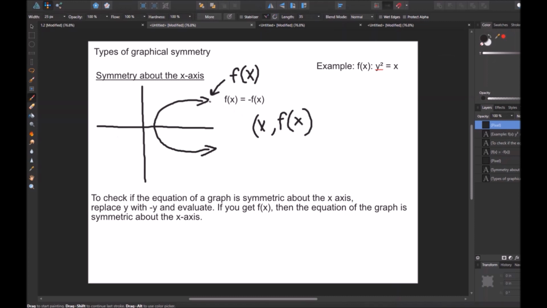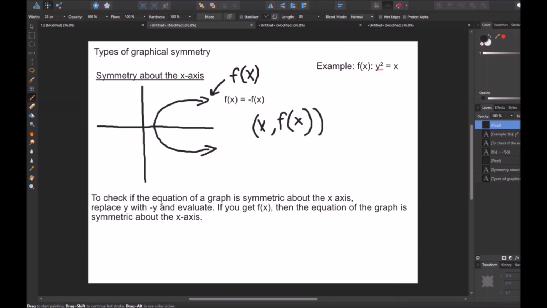So in this case, if a graph is symmetric about the x-axis, that means that for every f of x point, or for every y, there is a corresponding negative f of x, or that negative y value, the opposite of that y value.